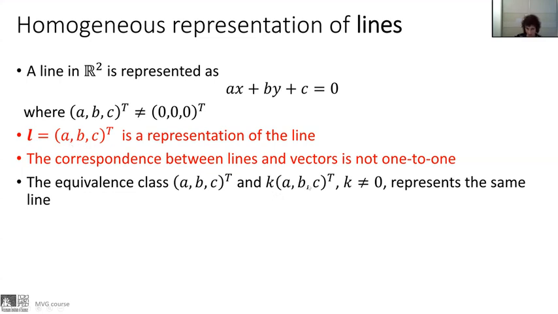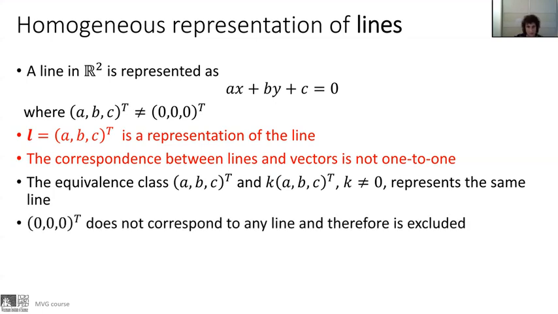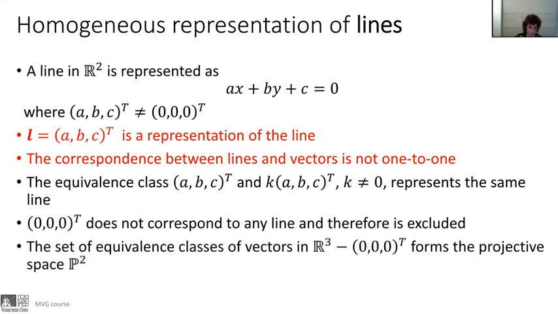This is the equivalence class. And since (0, 0, 0) transpose does not represent a line, it is excluded from the projective space P2. So the set of equivalence classes of vectors in R3, excluding the 0 point, forms the projective space.